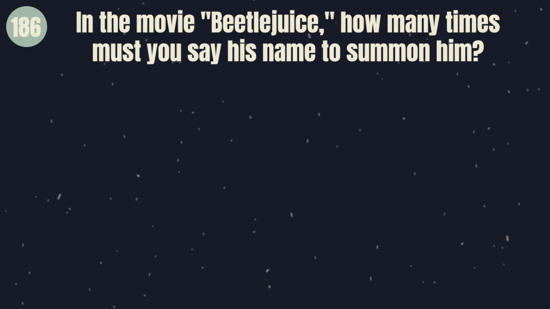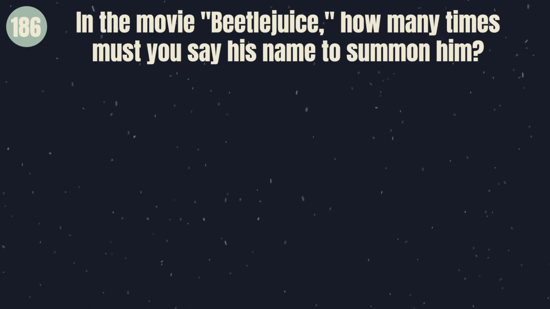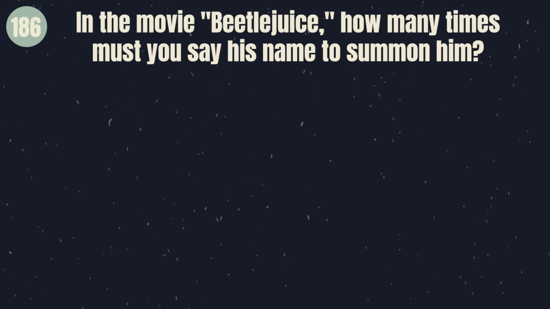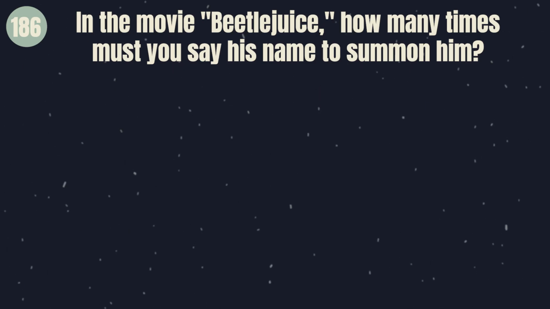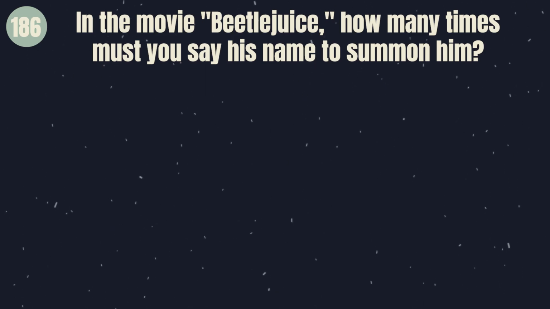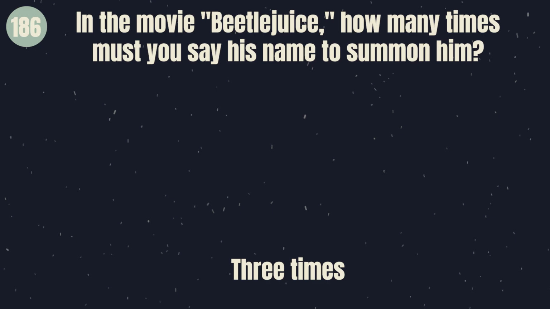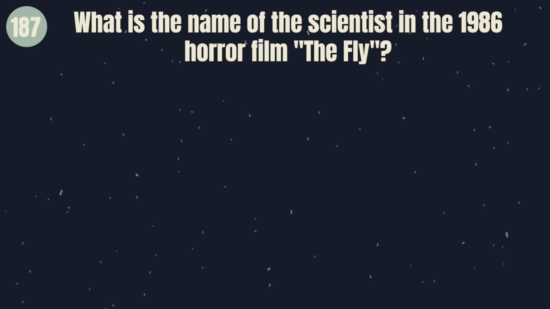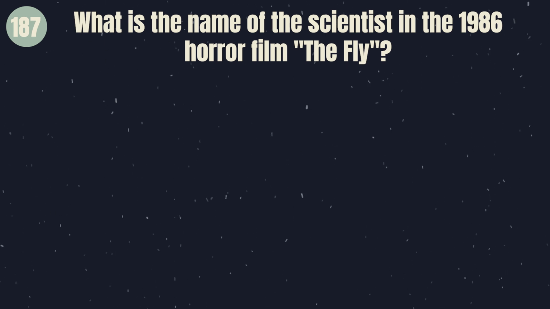In the movie Beetlejuice, how many times must you say his name to summon him? Three times. What is the name of the scientist in the 1986 horror film The Fly?